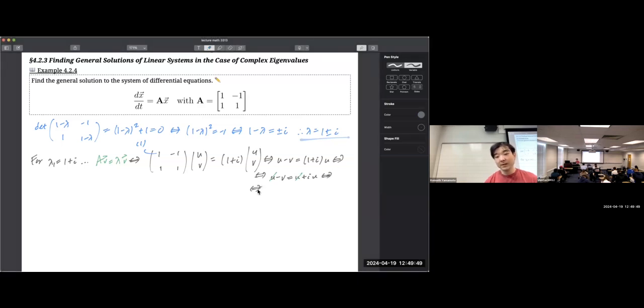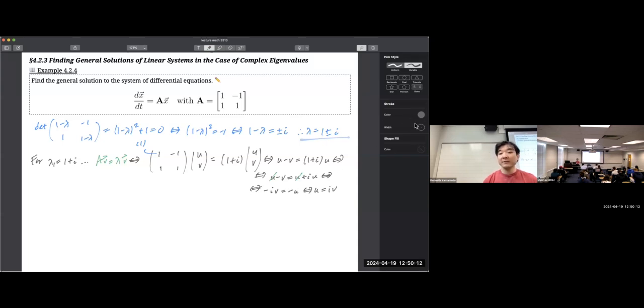What I could do here is multiply by i, so it'll be negative iv is equal to i squared u, which is negative u, because i squared is negative 1. Then I get that u is equal to iv, because I can just multiply both sides by negative.